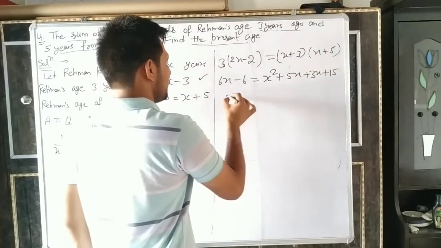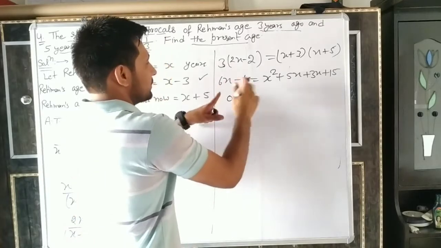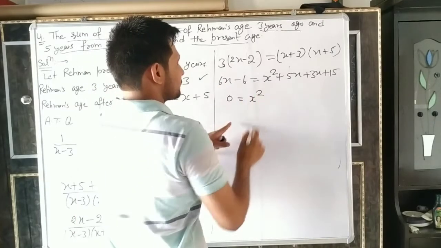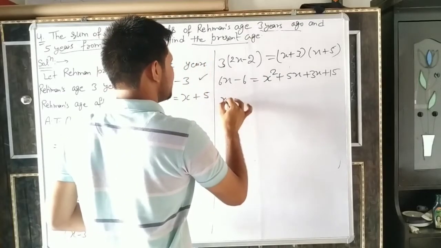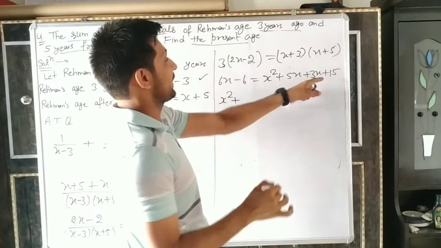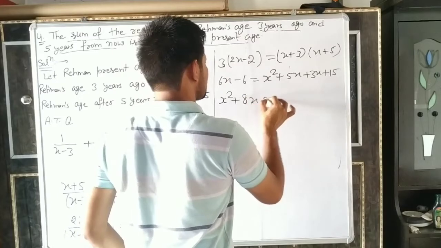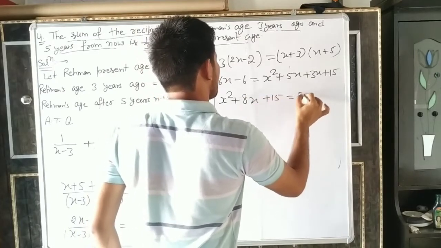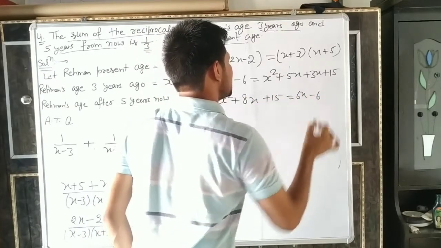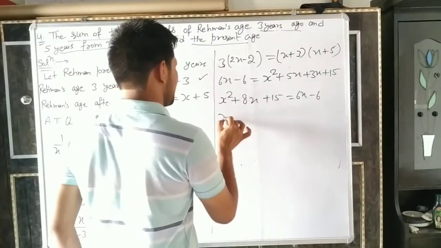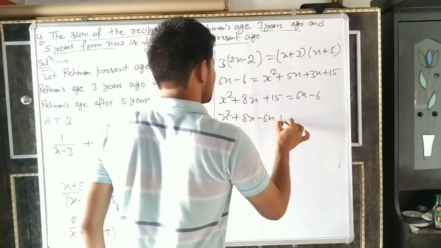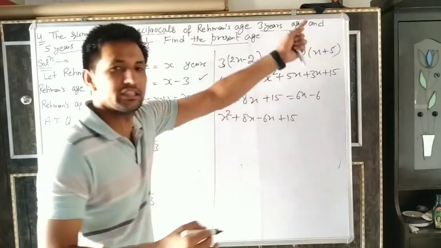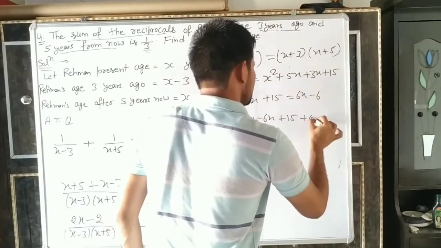So we can write 0 equals x square as it is plus 5x plus 3x, 8x plus 15, equal to 6x minus 6. So 6x goes to the other side as negative, 8x minus 6x plus 15 minus 6 on the other side, equal to 0.